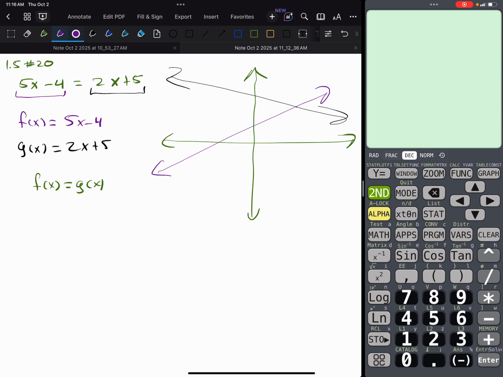Well, that's only going to happen at the point where those 2 lines intersect. And so the x that I'm actually finding here is the x value for the intersection of those 2 lines. XS for x solution.